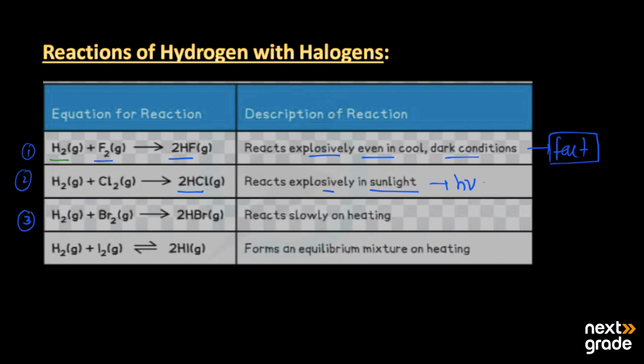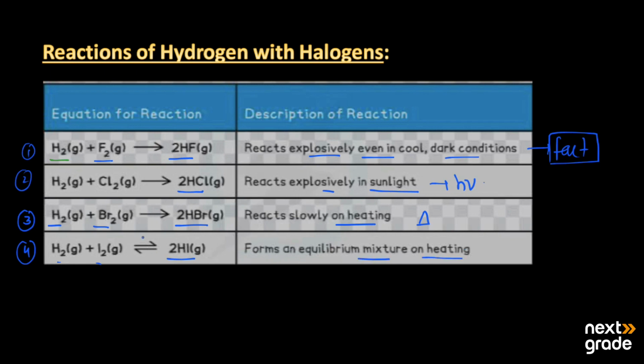The third reaction is hydrogen reacting with the third halogen, bromine, which produces hydrogen bromide and reacts slowly upon heating. So heat is required for this process. The last one is the reaction between hydrogen and iodine, which produces hydrogen iodide and forms an equilibrium mixture upon heating.